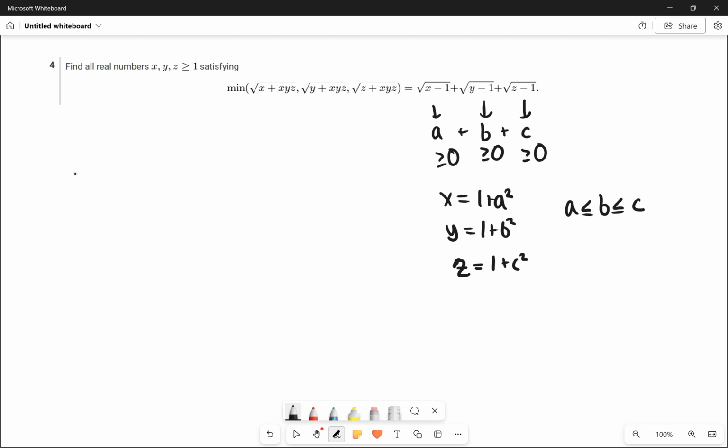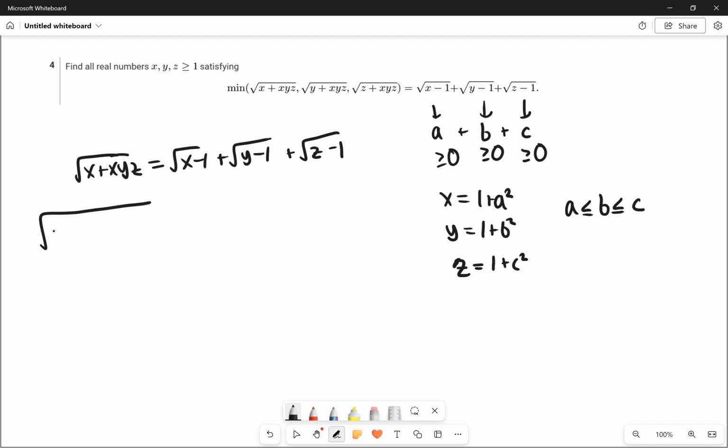We have that the square root of x plus xyz is equal to root x minus 1 plus root y minus 1 plus root z minus 1. And we plug in each of our values here, and we get the square root of 1 plus a squared plus 1 plus a squared times 1 plus b squared times 1 plus c squared is equal to a plus b plus c.